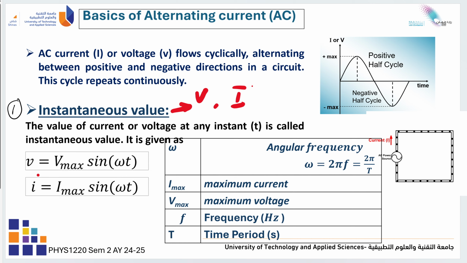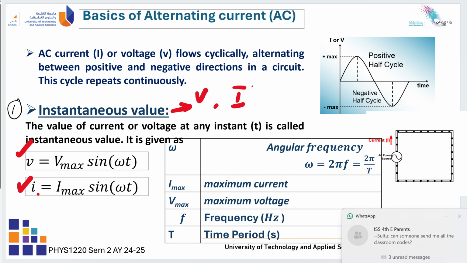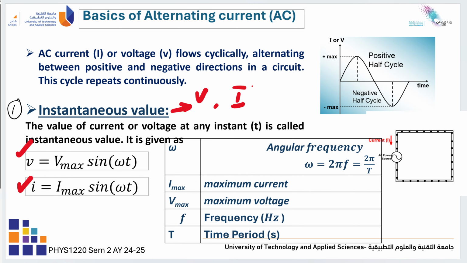This is the formula for the instantaneous voltage, and it is equal to V max sine omega t in the bracket. And this is the formula for the instantaneous current: instantaneous current is equal to I maximum sine omega t.